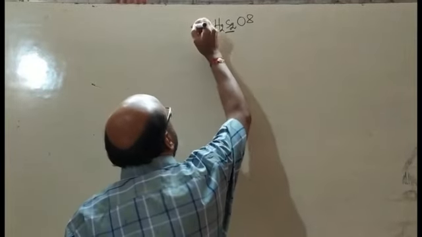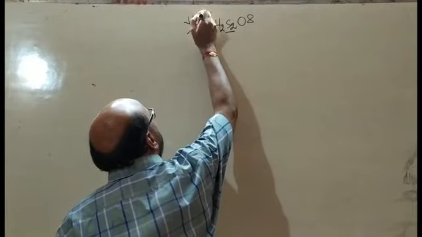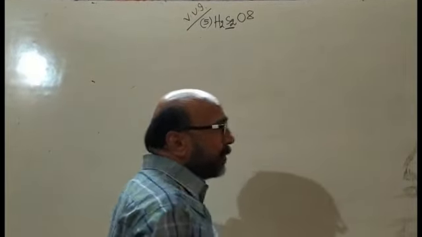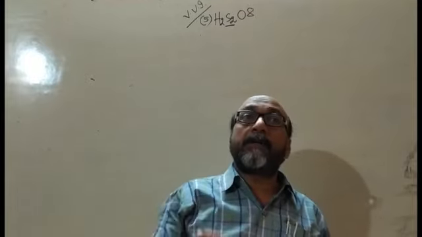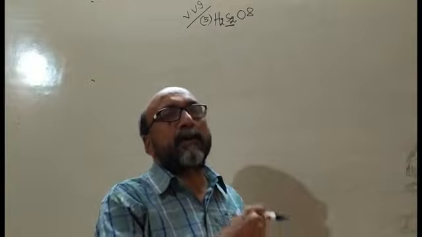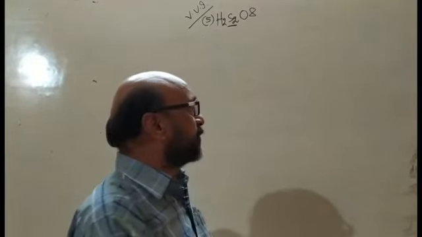Again, it is also an exceptional compound. It is very important. It is usually asked in the examination. Even in competitive examinations, this compound is asked to calculate the oxidation state.